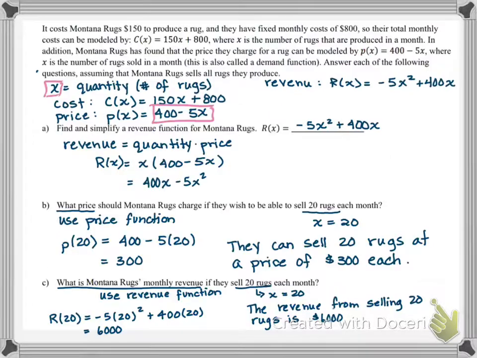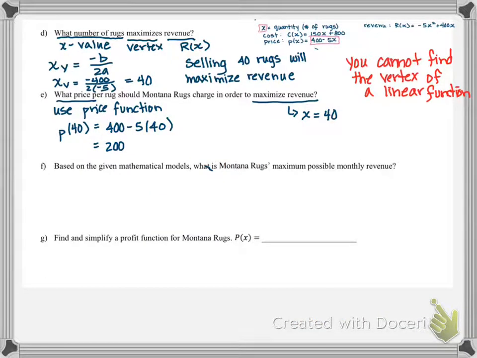And we can kind of see that when we produce 20 rugs, we charge $300. So it seems like charging $300 should make us more money, but we were only able to sell 20 rugs at that price. So we made $6,000 as opposed to, in a minute, we'll find out how much money we made off of 40 rugs. So the price that will maximize revenue is $200.